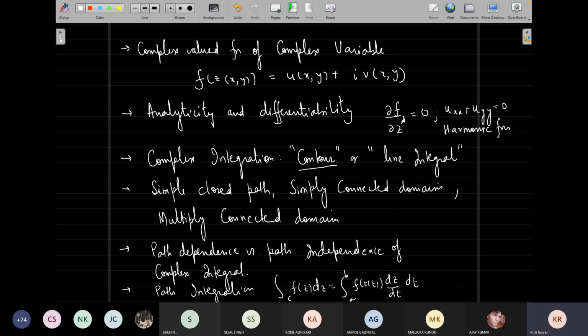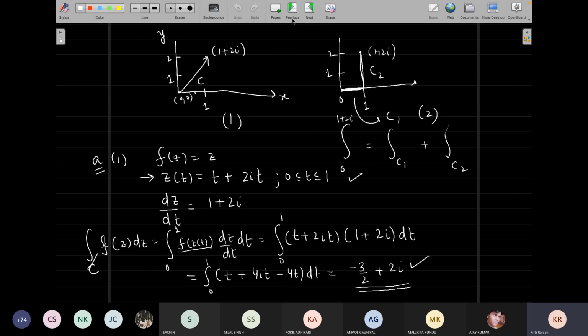So we were taking an example. We did that part of it. What was the example? We had two functions, f(z) equal to z and f(z) equal to real part of z. What we did in class, f(z) equal to z, was integrated over a contour going from 0,0 to 1 plus 2i through path C, designated as number 1, and through path C1 plus C2, designated as number 2.